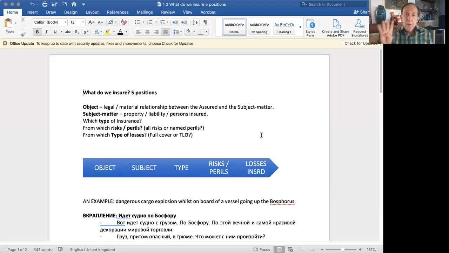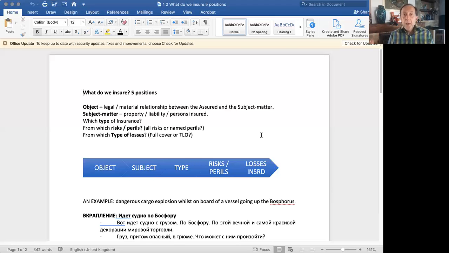But then positions number 4 and 5, liability towards other cargo owners and liability for the damage of the ship towards the ship owner or ship manager, are actually third-party liabilities. These two positions will not be covered under a normal cargo insurance policy.